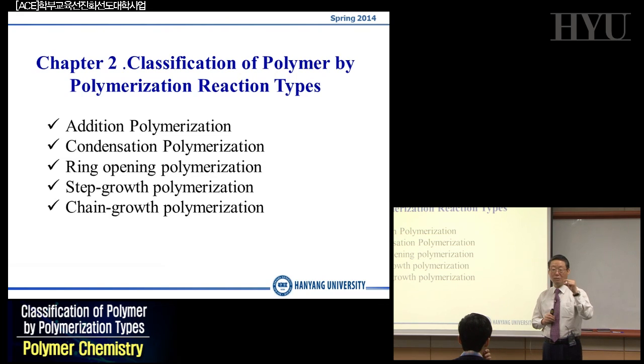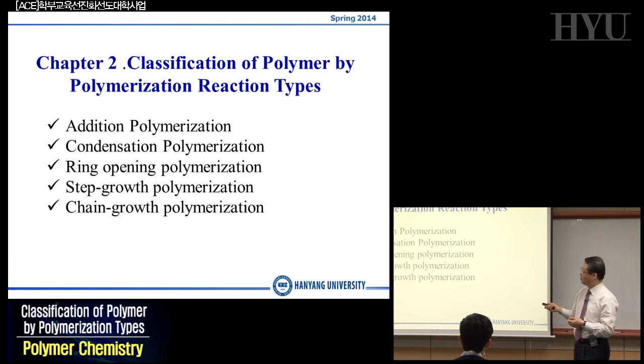You have a vinyl group and a benzene ring as a substituent group. The vinyl group opens its double bond and adds to become high molecular weight polystyrene. In that reaction, you do not have any byproduct because of the opening of a double bond, where radical electrons gather together to become a covalent bond. In that case, we do not have any condensate or byproduct, so we call that an addition reaction. Okay?